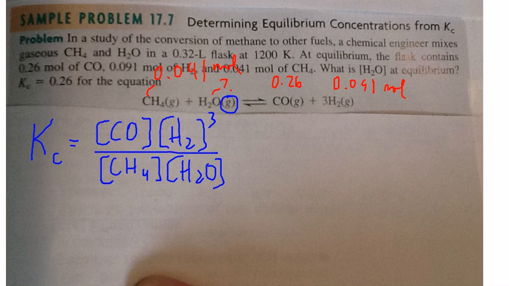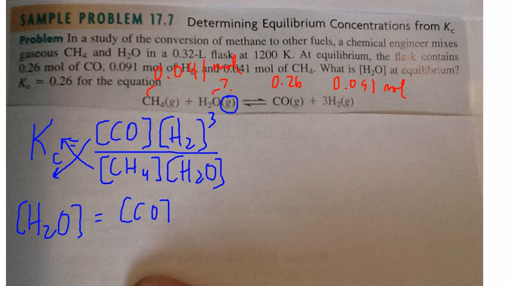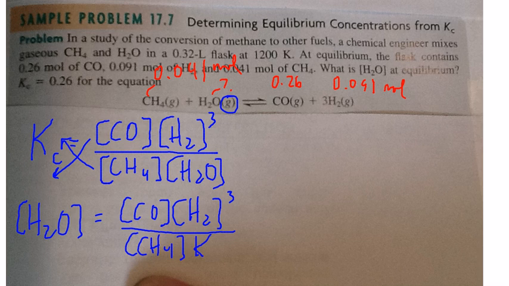So if we solve for the H2O concentration, and we did a cross multiplying, that is equal to the carbon monoxide times H2 cubed divided by CH4 times the Kc.